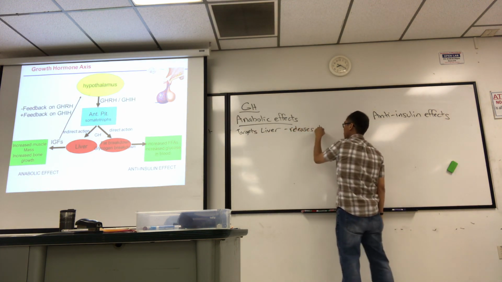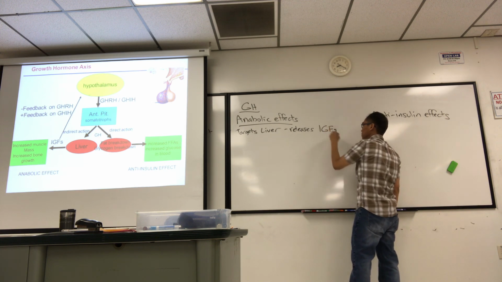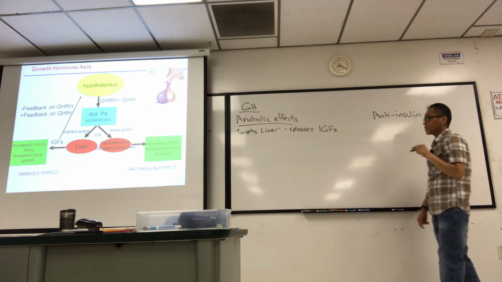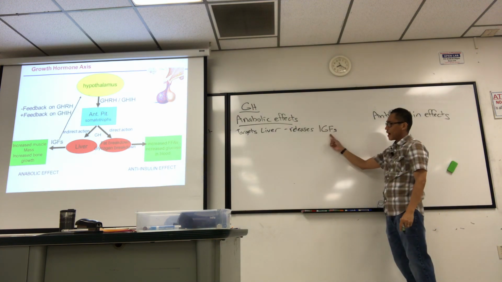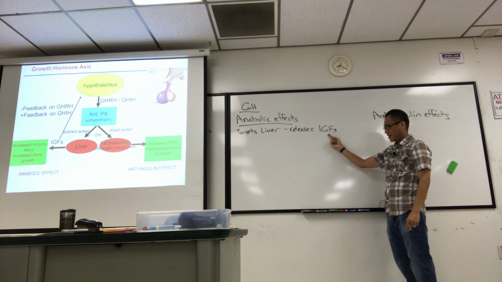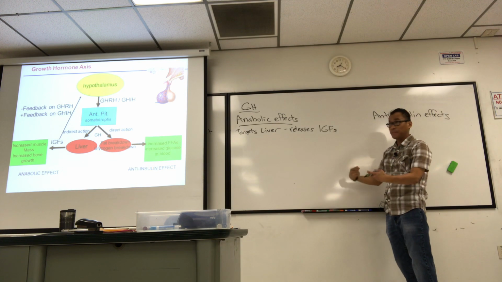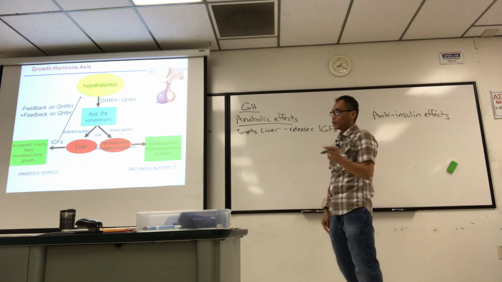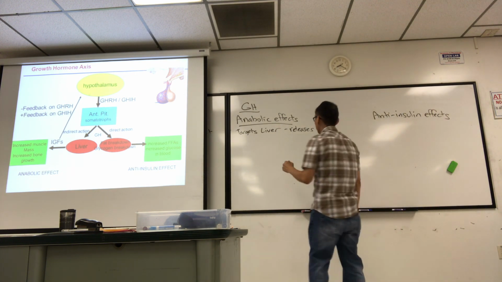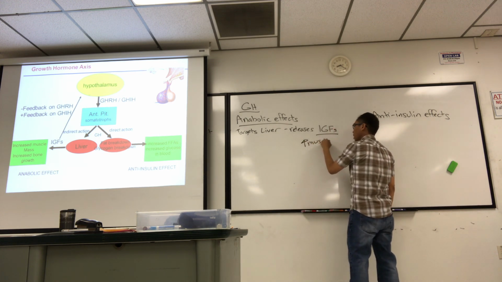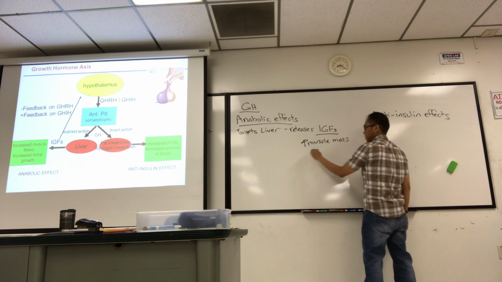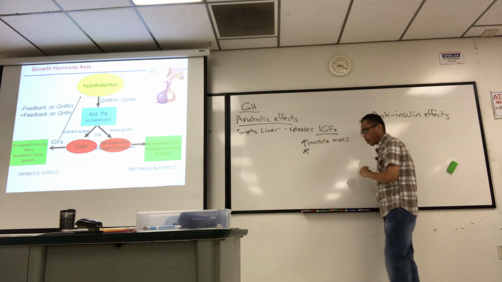So these growth factors may be considered hormones, but whether you consider them hormones or not, they're called insulin-like growth factors. They're going to build tissue. And so what they do is they increase your lean mass. It's the IGFs that will increase muscle mass. It's going to increase bone and cartilage growth.